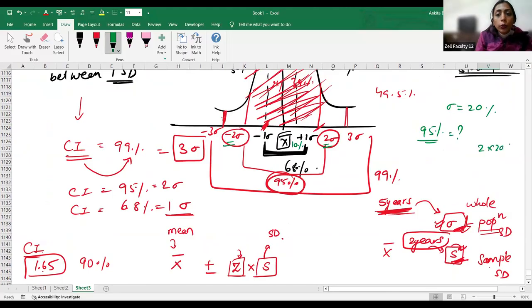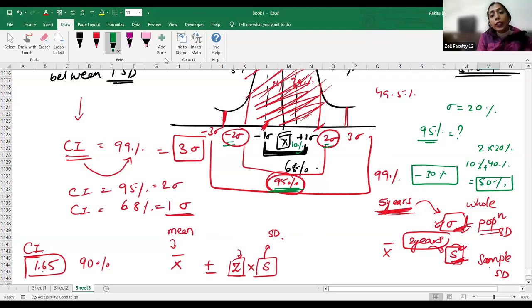So 2 into 20% is 40%, and your mean is 10%. So 10 plus 40 is 50, and 10 minus 40 is minus 30. So you are 95% sure that the returns of this stock would be lying between minus 30% to positive 50%.